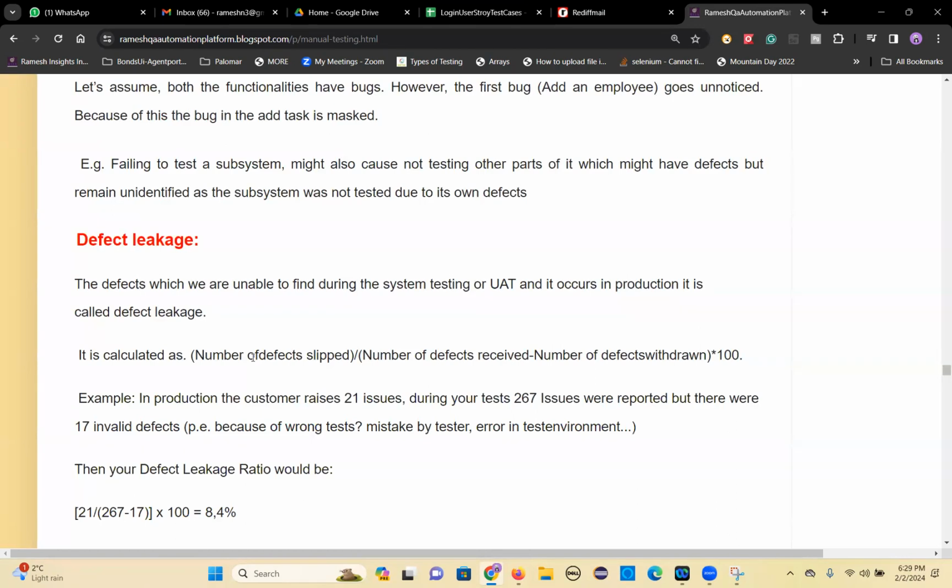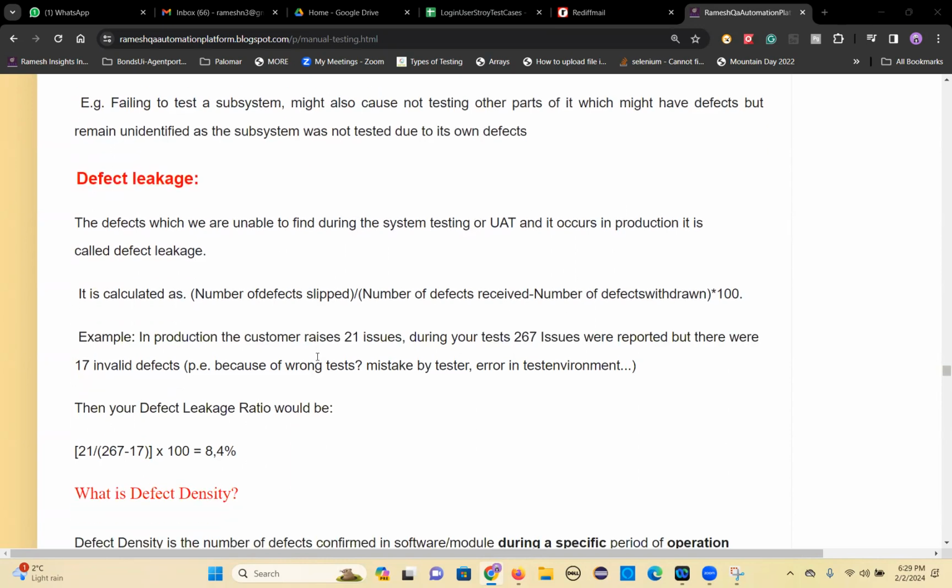So what is a defect leakage? Defect leakage, it means leak, right? It is leaking. Defects which you are unable to find in your testing on your QA environment or UAT environment, but which are found in the production environment.